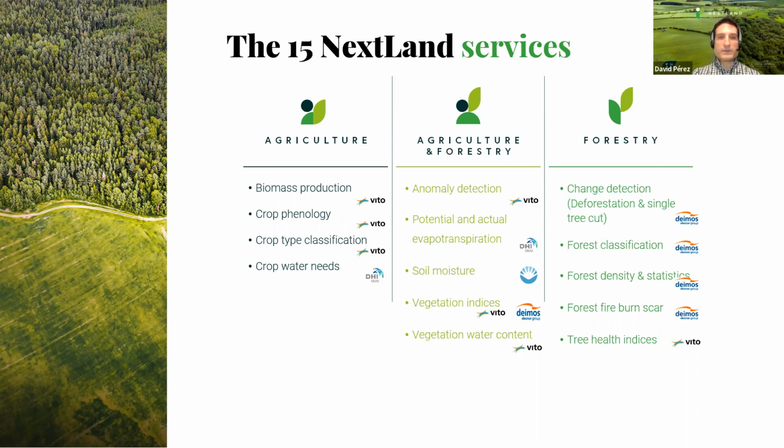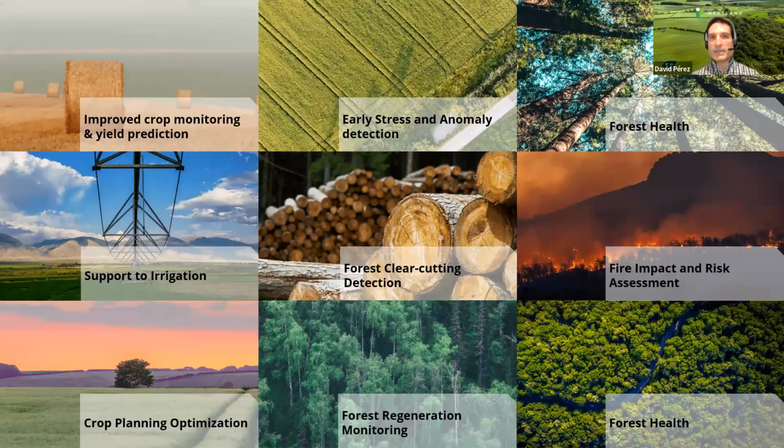Each individual service has a purpose and achieves a result, but their combined result can be much more powerful when you combine different services in what we call bundles, user scenarios, that we have named the way you see on screen.